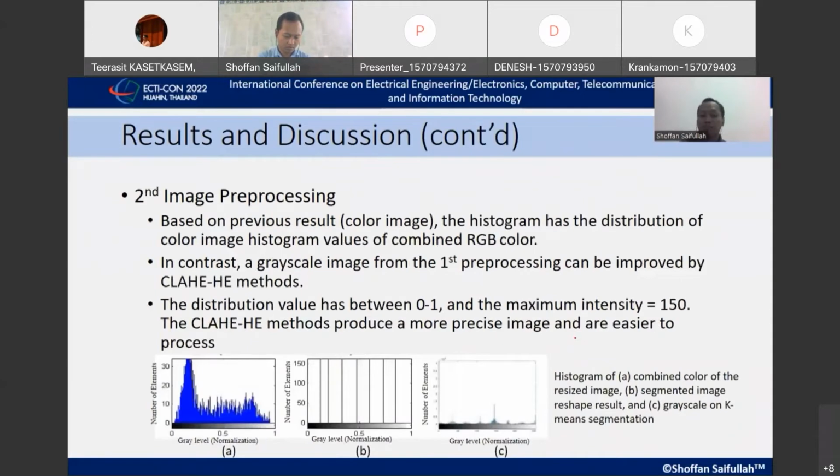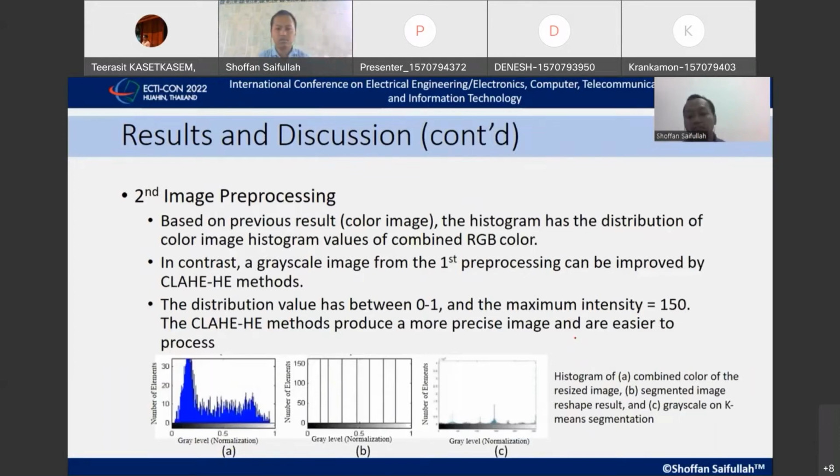The second is image processing. Based on the previous result on the color image, the histogram is the distribution of the combined three colors, red, green, and blue. In contrast, the grayscale image from the first pre-processing can be improved by the GLHAHE method.